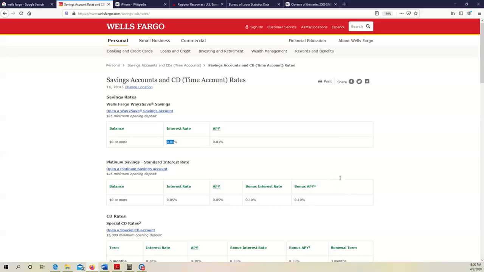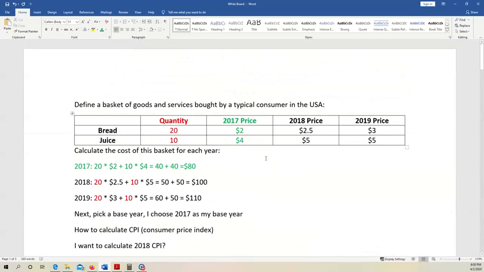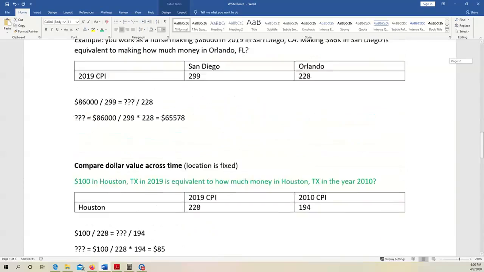You can see 0.01%. But this number is only a nominal interest rate. But in reality, your money is losing power over time. Why? Again, because over time, everything is getting more expensive, right? So over time, your $100 bill is losing what?